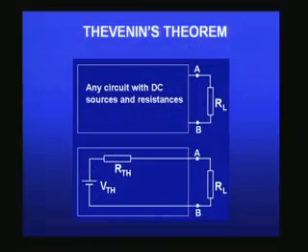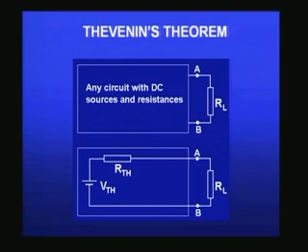In Norton's theorem, instead of looking at voltage sources, which we will do in Thevenin's theorem, we look at current sources. That means any complicated circuit can be equivalently considered as having one single Norton's current source and Norton's resistance. So these two theorems are very useful in solving many problems in electronics and electricity.